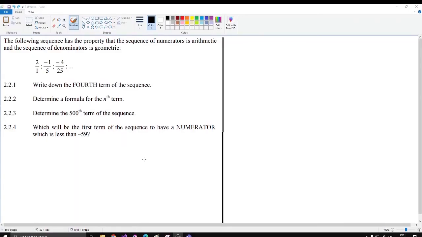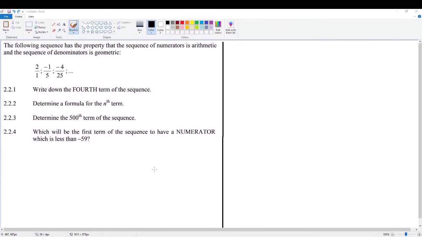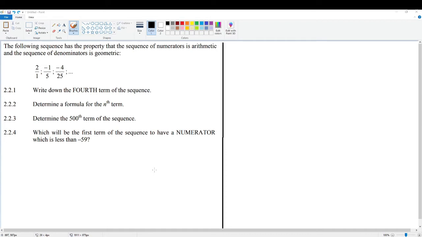The following sequence has the property that the sequence of numerators is arithmetic and the sequence of denominators is geometric.